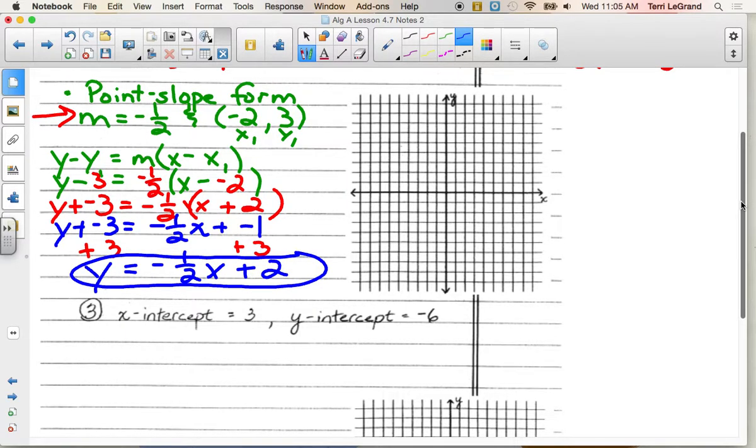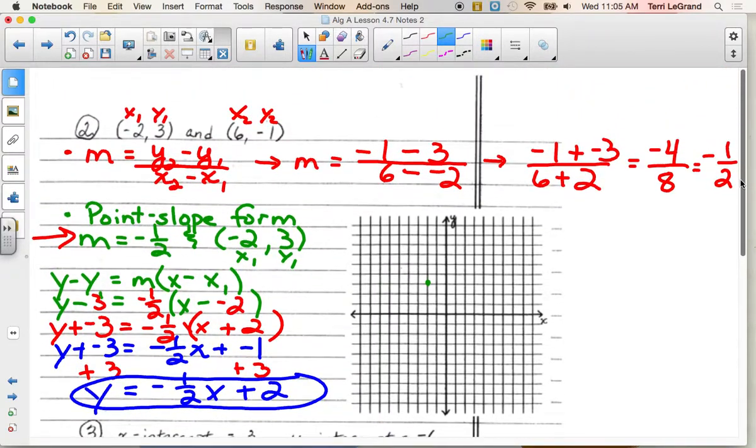So we're graphing the 2 points that they gave us in the beginning. That's how we're graphing it today. We're using the points they gave us.